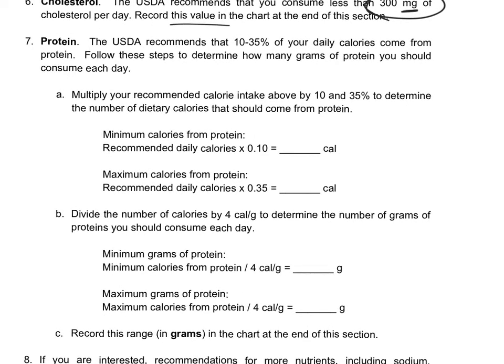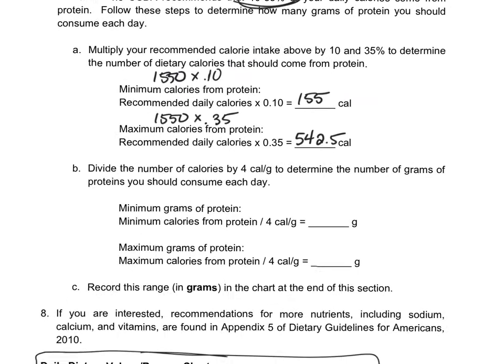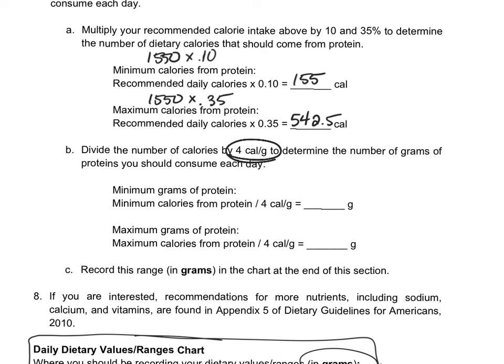If we move to protein, again, my 1550 times the 10%. I think you kind of got this by now, so I'm just going to write the numbers down. That's my minimum. My 1550 times 35% is my maximum, because we want 10 to 35% to come from protein. That gives me 542.5. But remember, we want to convert that to grams.